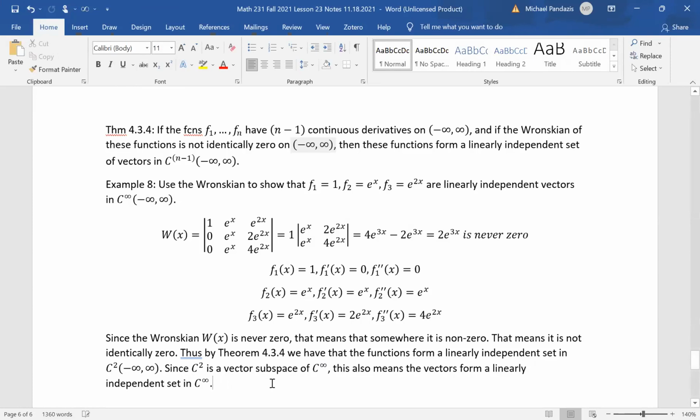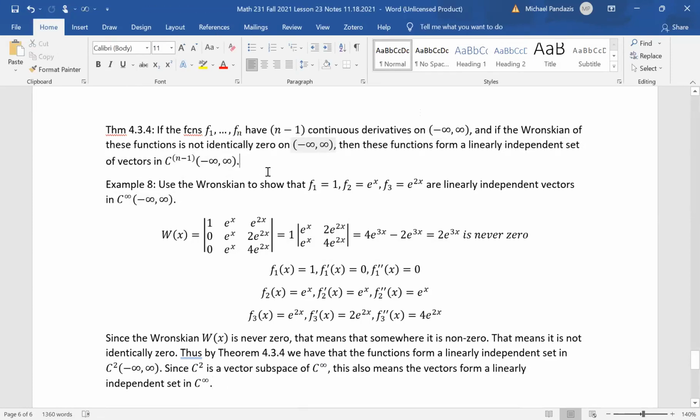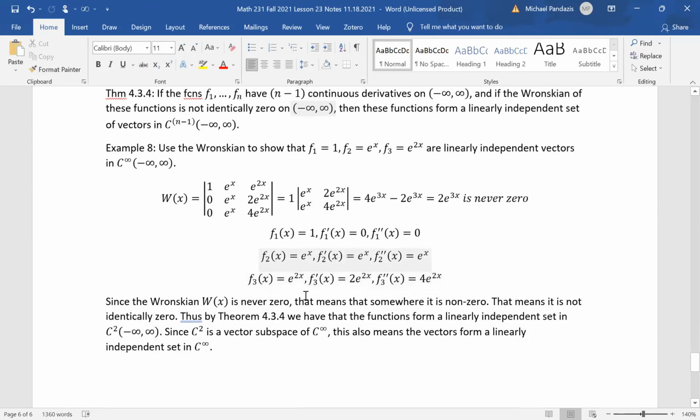So the theorem tells us it's linearly independent in C2, but because C2 is a vector subspace of C infinity, this being linearly independent in C2 means it's also linearly independent in C infinity. Okay, that's an important point to point out.